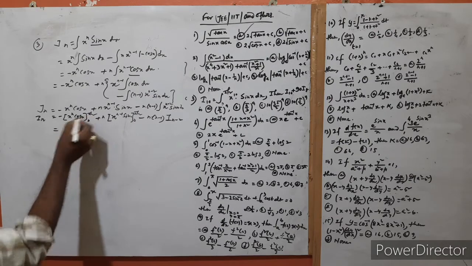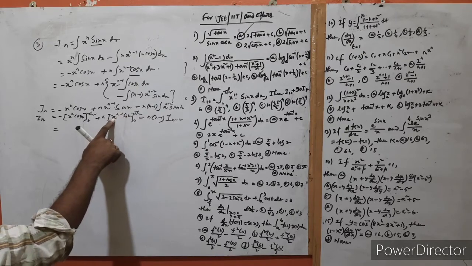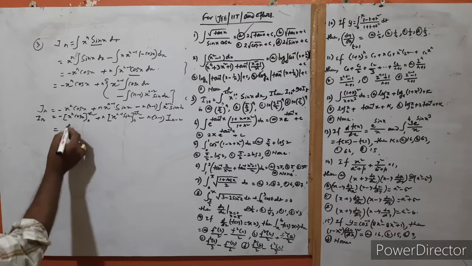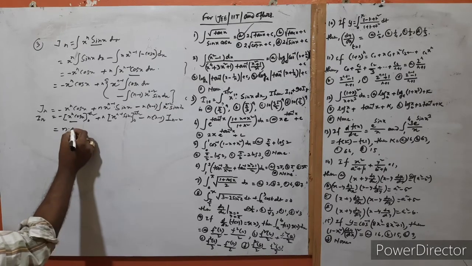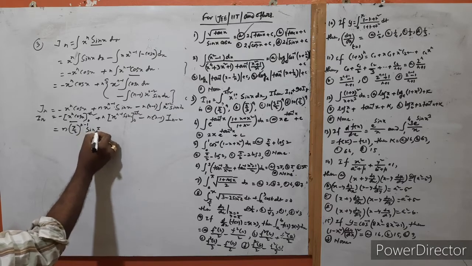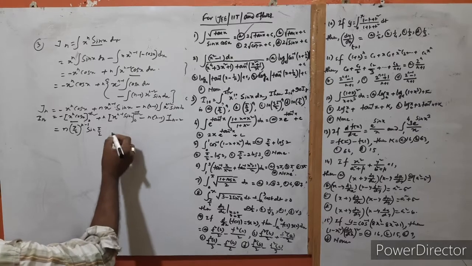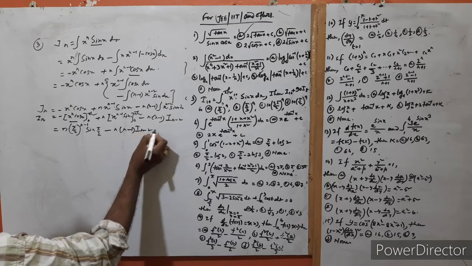See, if we put pi by 2, then cos pi by 2 is 0. If we put pi by 2 on x, sin is 1, so the first term is 0, and this is n into pi by 2 whole to the power n minus 1 into sin pi by 2. And here it is minus n into n minus 1 into I_(n minus 2).